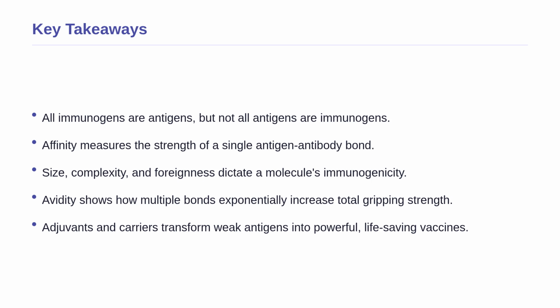Finally, factors like size and complexity are essential, which is why we use adjuvants to transform weak antigens into powerful, life-saving vaccines. You now have a deep mathematical understanding of how the immune system recognizes threats. Great job!